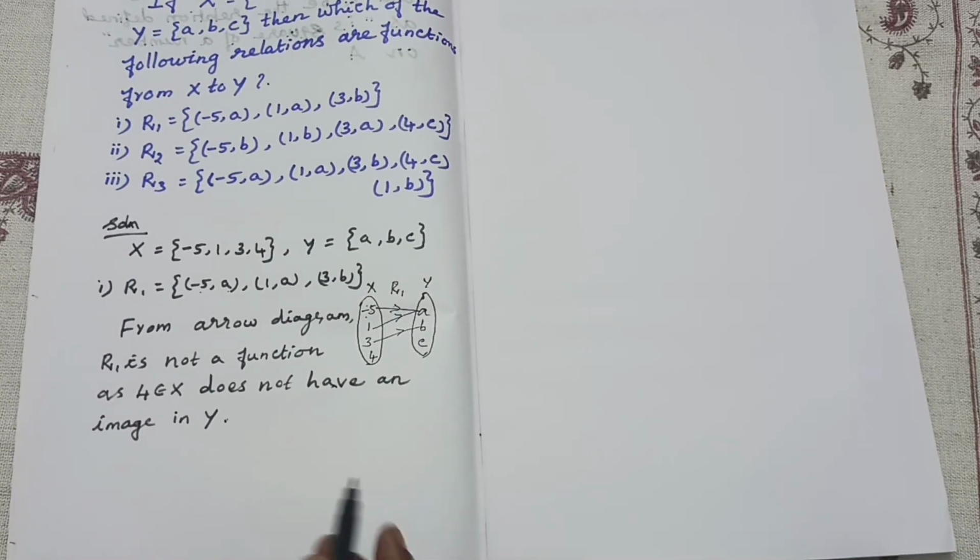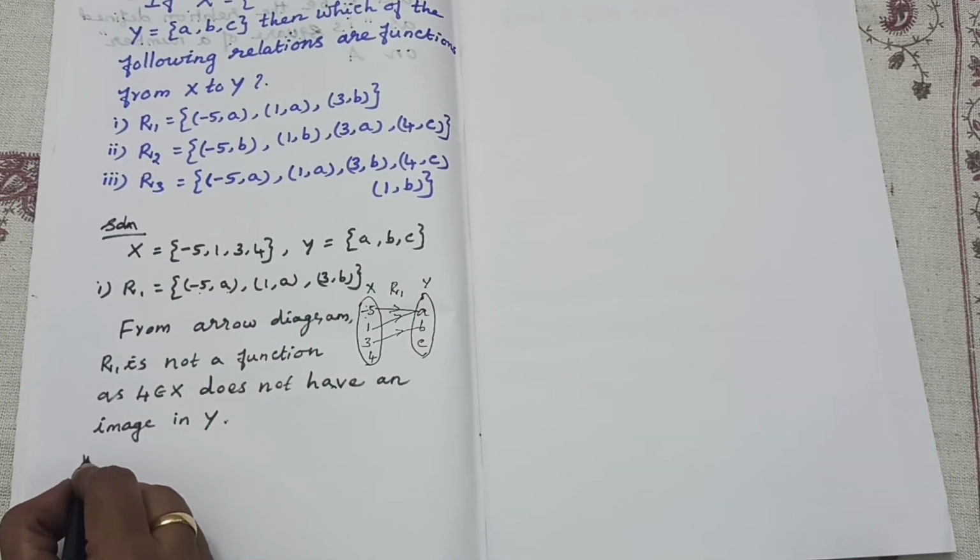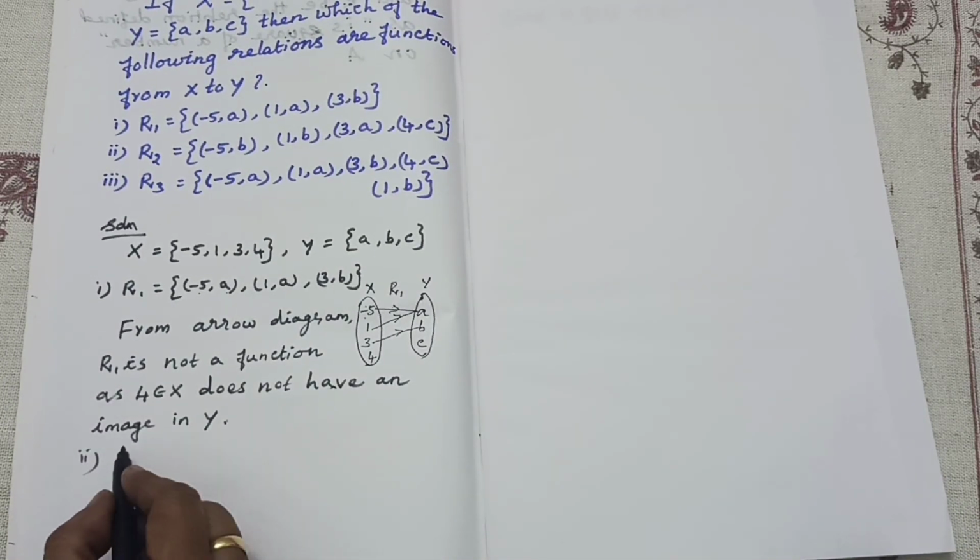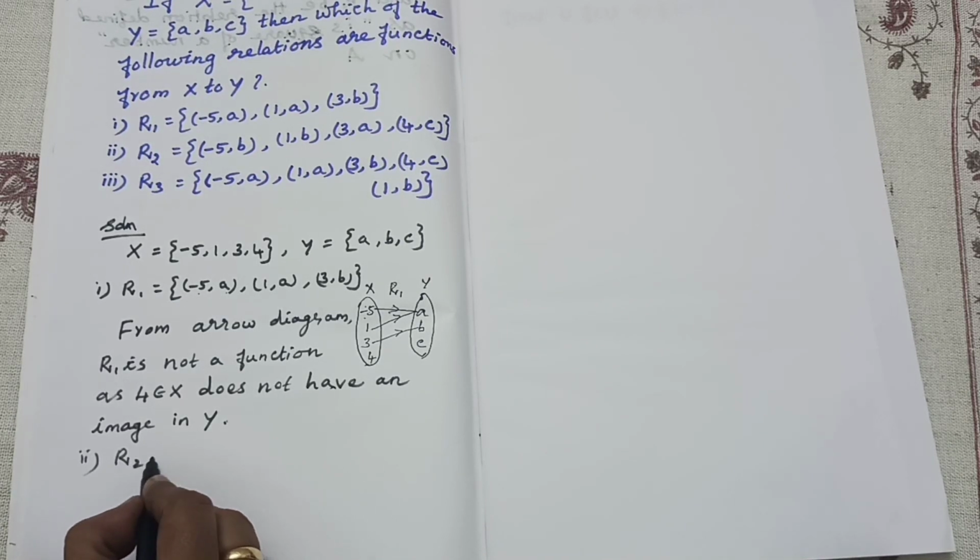Okay. Then R2, the second sum. R2 equal to, what is given we have to write.